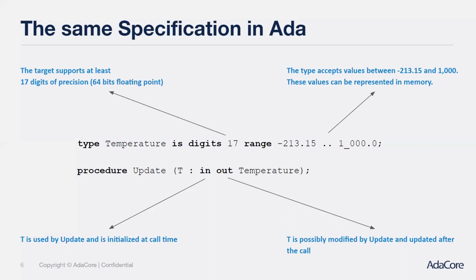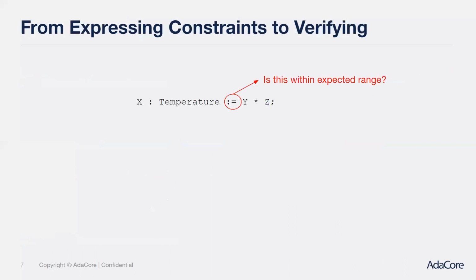So now we can start to see at the very low level with very simple things, how useful it could be to have the ability to specify at the language level, the intention and the constraints of some of the entities.